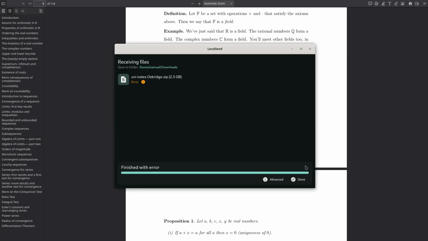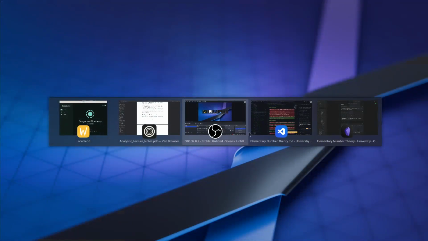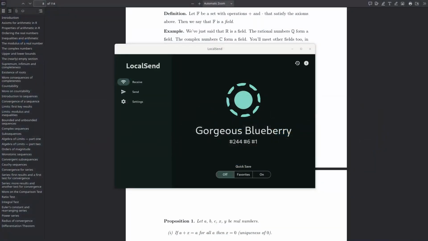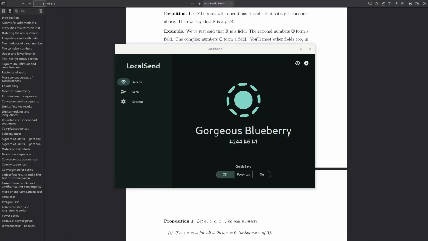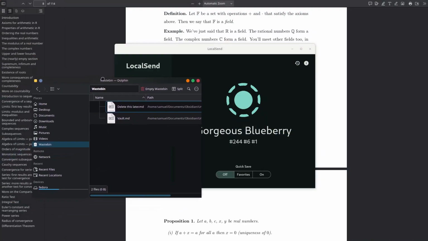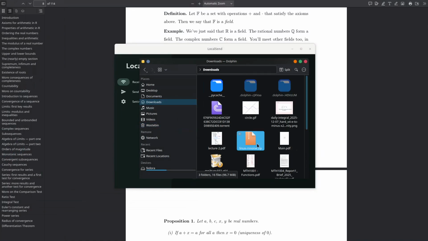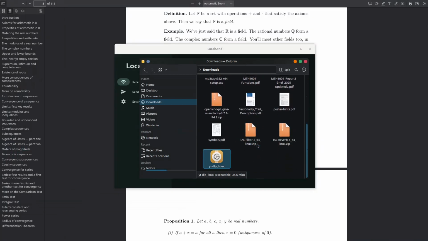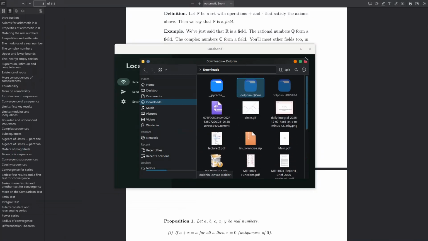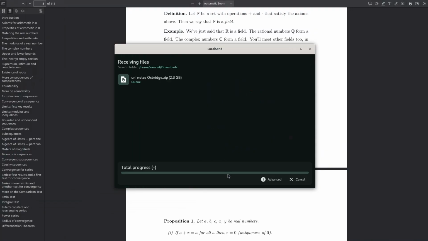I don't have Dolphin open. Oh, it was done, basically done as well, and then I was being a muppet and moved it. And I have to wait another 5 minutes.